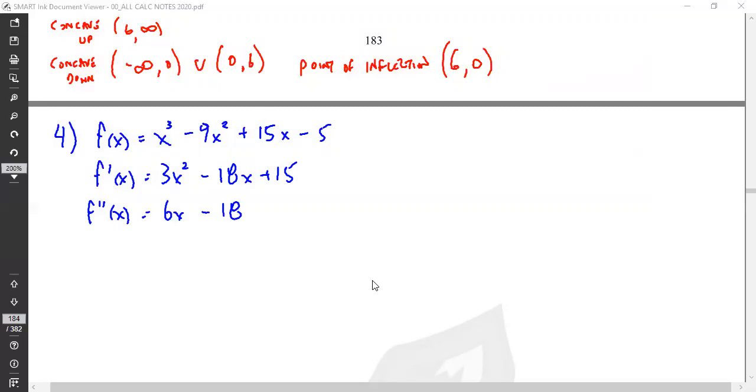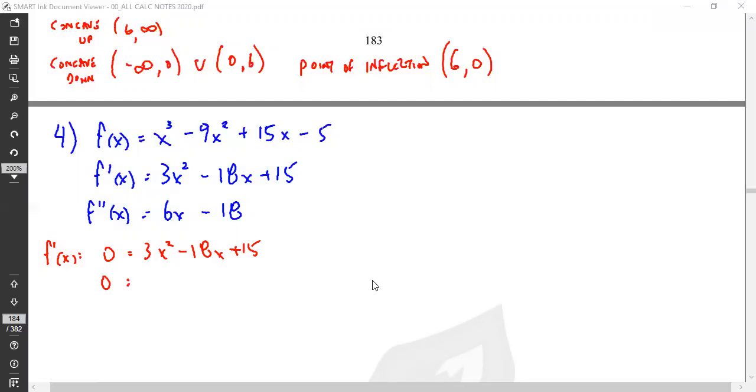For f prime, to find our critical numbers, we're going to make f prime of x equal to 0. So 0 is equal to 3x squared minus 18x plus 15. Let's first divide out 3.